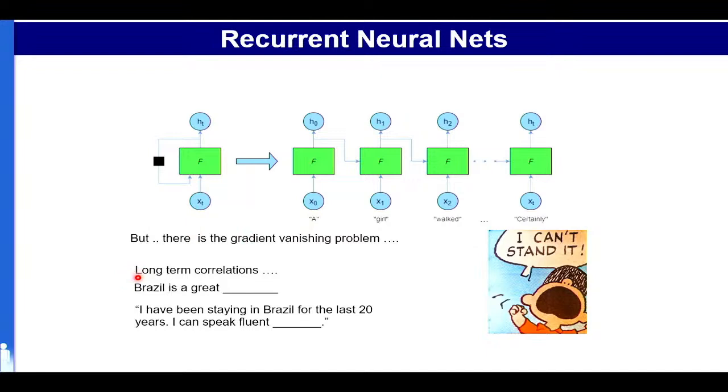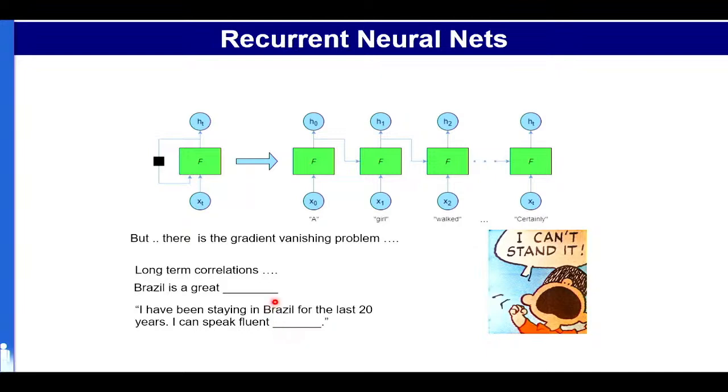Okay, so what's the issue with this? It does lose long-term correlations because it's always looking at the last piece of information, and sometimes, let's say, the important information is here, Brazil, and there's a lot of things going on after it to relate Brazil and Portuguese.